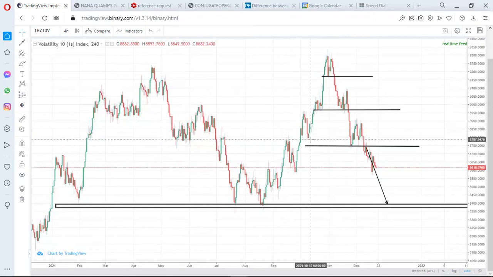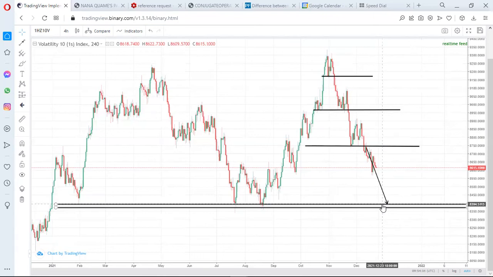Good. So, let's assume that we picked our entry from here. So our entry will be 8744.04. And then let's assume that we place our target here on the support. We have our target at 8394.51.